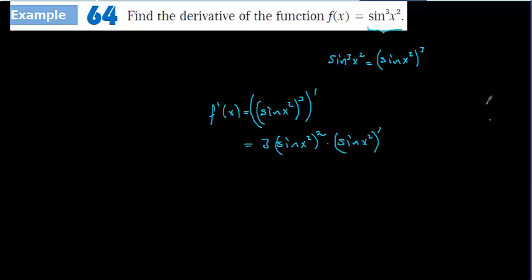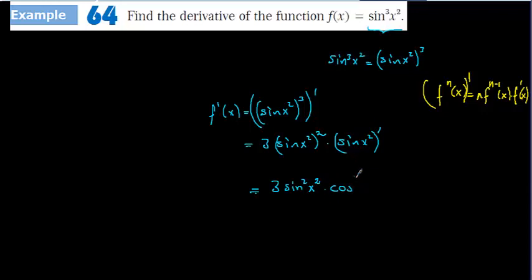If you remember the rule, the derivative of f to the power of n x is equal to n times f to the power of n minus 1 x times f derivative x. With respect to that one, I got this result. Then it's equal to 3 sine square x square, and sine f(x) derivative is, from the previous page, cosine f(x) times f derivative x.